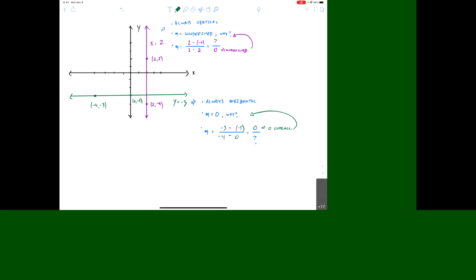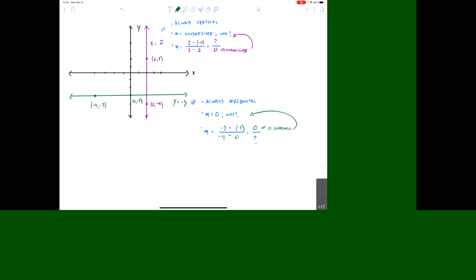So I may have told you, hey, keep this in mind. And again, some of you may have already known it, some of you may have not, some of you may have forgotten. But that's the accompanying reason as to why, not only do I have to worry about the vertical and the horizontal, if I get an easy question on an exam that asks, hey, what's the slope? You know this will always be the case and you don't have to worry about it moving forward.